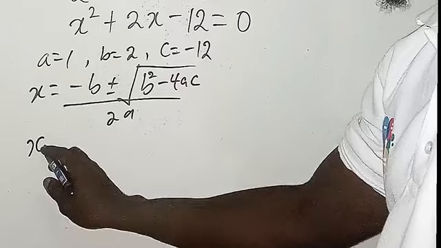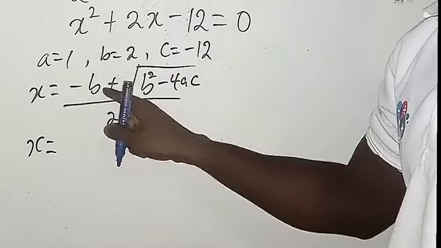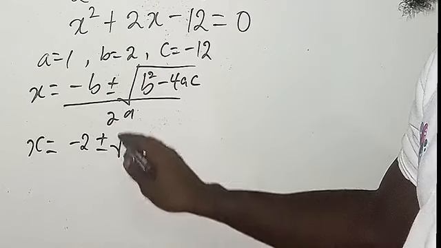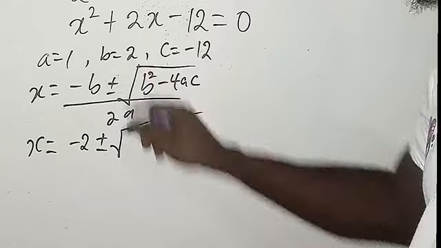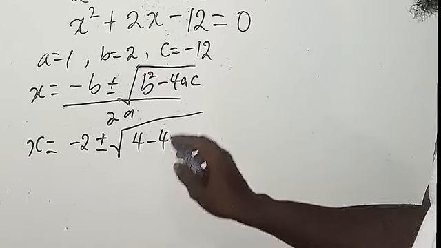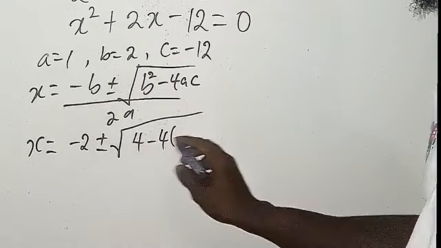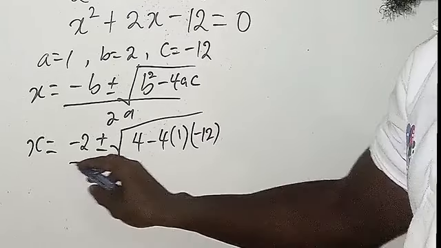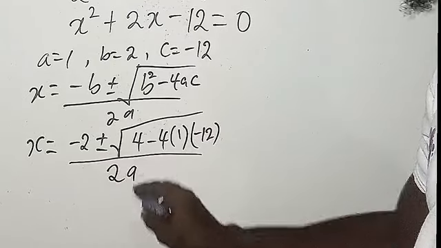So here x equals minus b, b is 2, so minus 2 plus or minus the square root of b squared, 2 squared, which is 4, minus 4 multiplied by a, which is 1, then multiplied by minus 12, all over 2a.